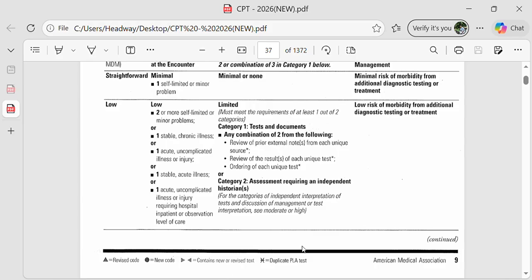So sometimes the physician orders an MRI scan, and the radiologist interprets the MRI. But in some cases the radiologist only reviewed it.